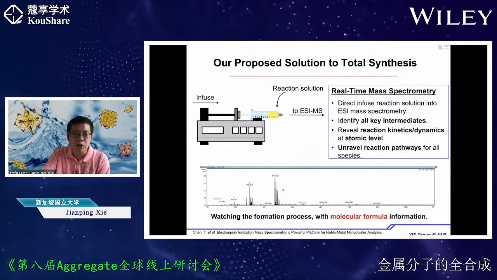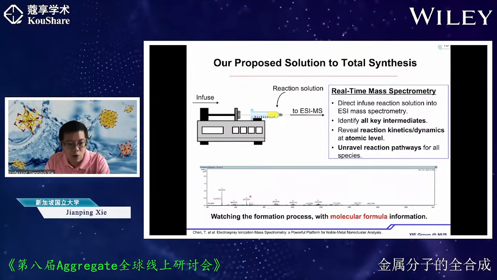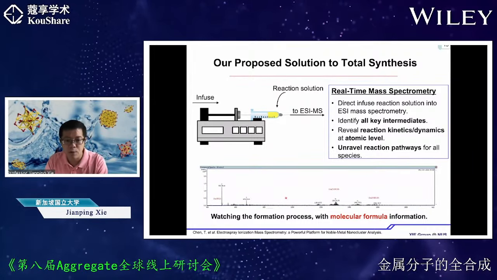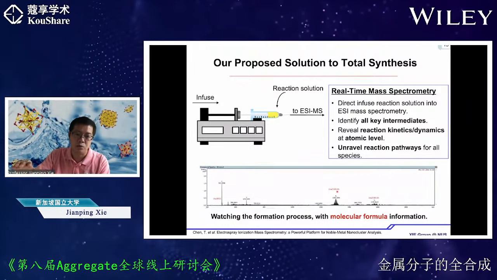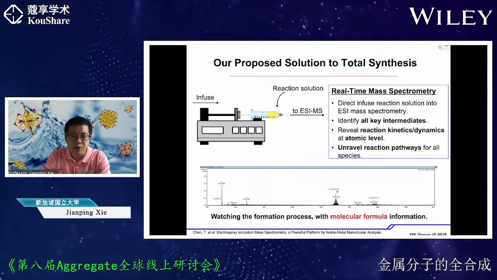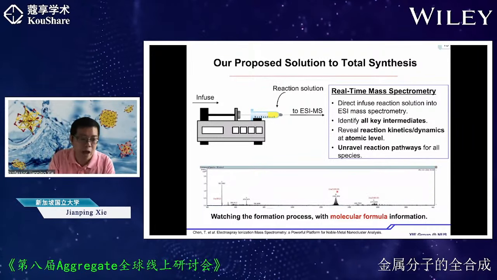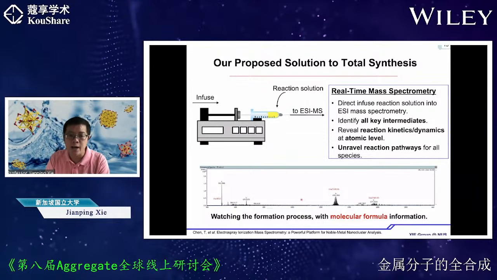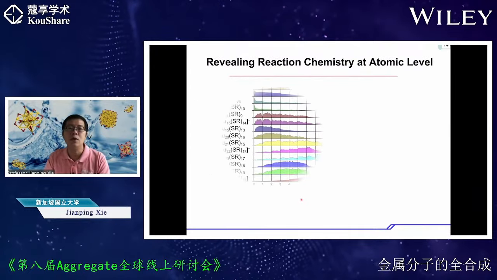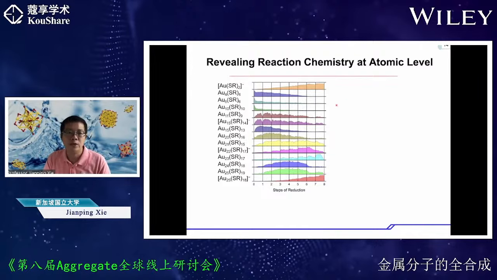When you add in a reducing agent, we start to see some of the peaks disappear and some peaks related to products continue to increase. If you analyze this mass spectra, we can watch the formation process, and now we have the molecular formula information. We can analyze this spectra and reveal the reaction chemistry at the atomic level.